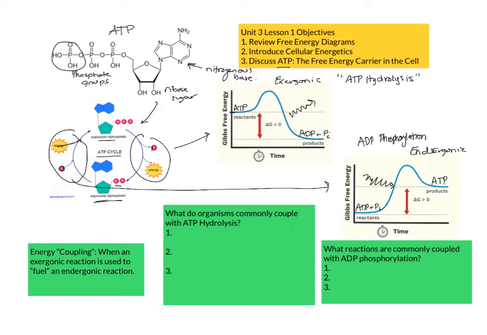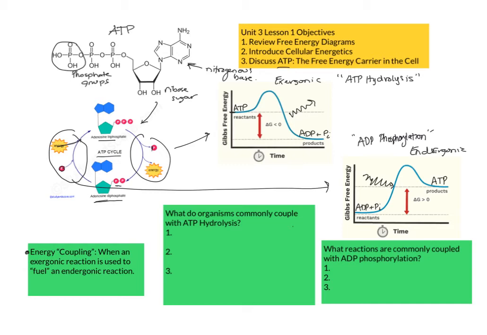Okay, so with those two processes in mind, hydrolysis and phosphorylation, I want to talk about this last thing, which is called energy coupling. Now, energy coupling, it's defined right here. It's where we use an exergonic reaction to fuel an endergonic process.